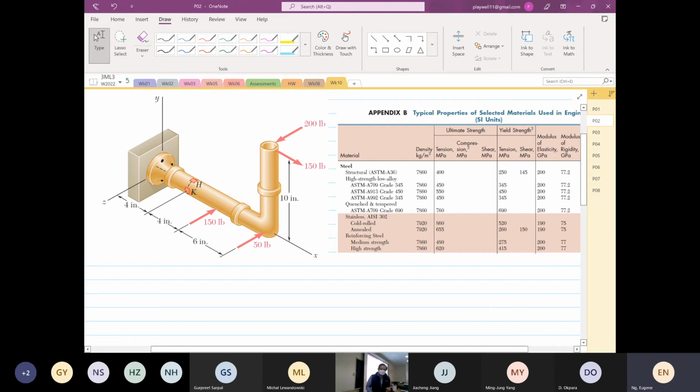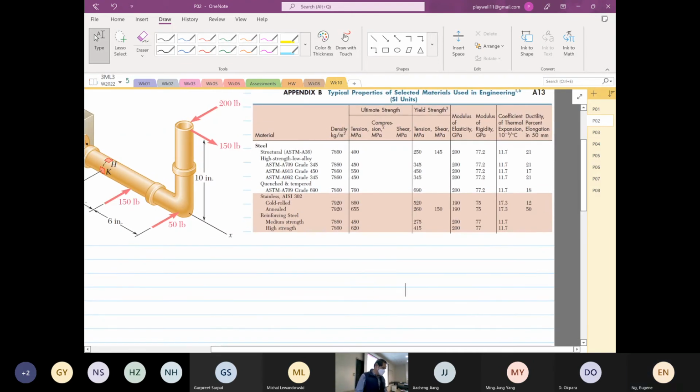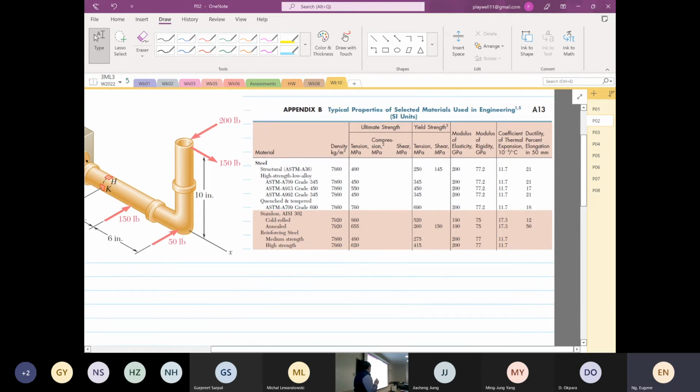Okay, now let's look at this table. So how did they get the property for this table? Okay, this is ultimate strength. This is yield strength. This is Young's modulus.